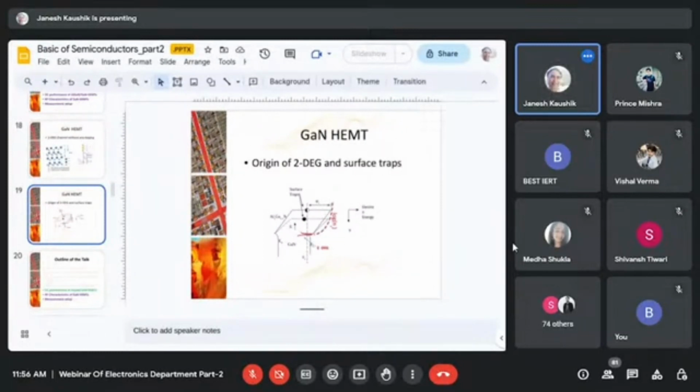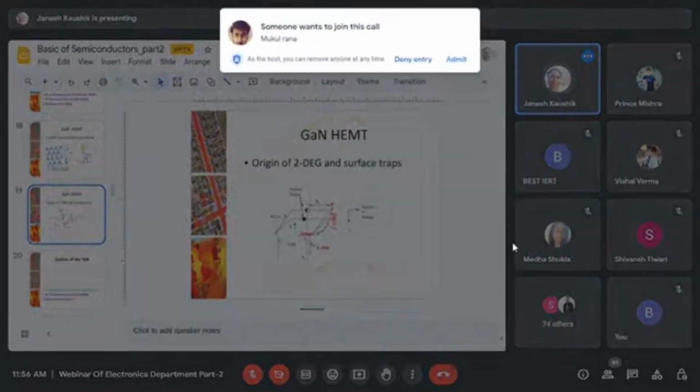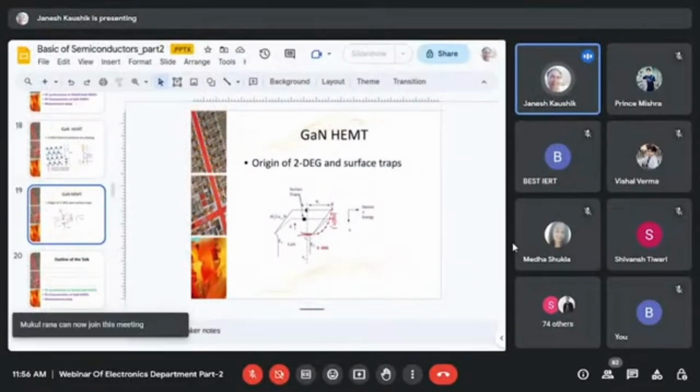cost, because we already struggled a lot in the MOSFET with interface states, but there those interface states are not contributing any charge to the channel. They were just interfering with the flow of charge at the insulator-semiconductor interface, but here they are generating the charge, and that's a big trouble.